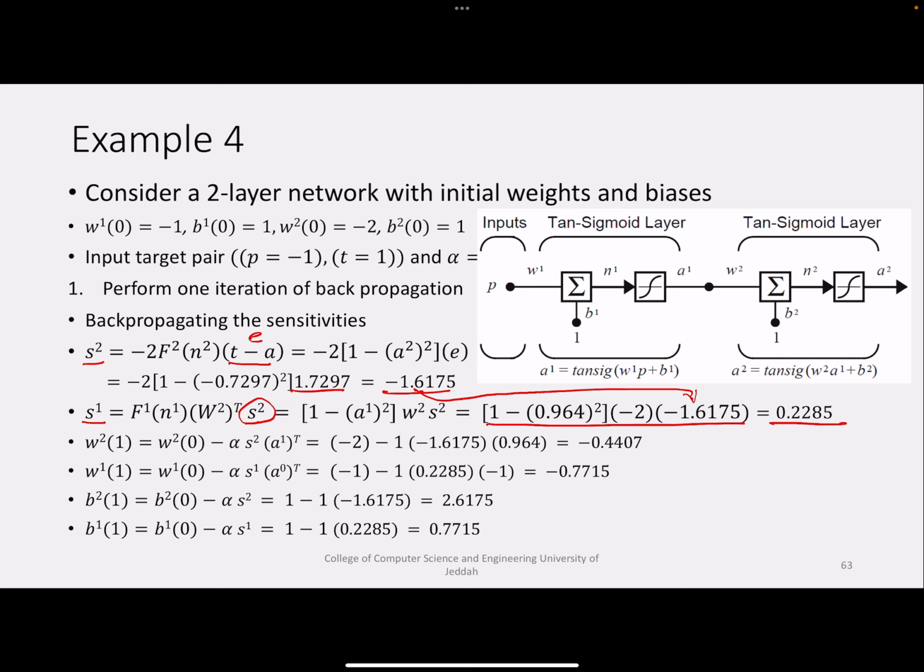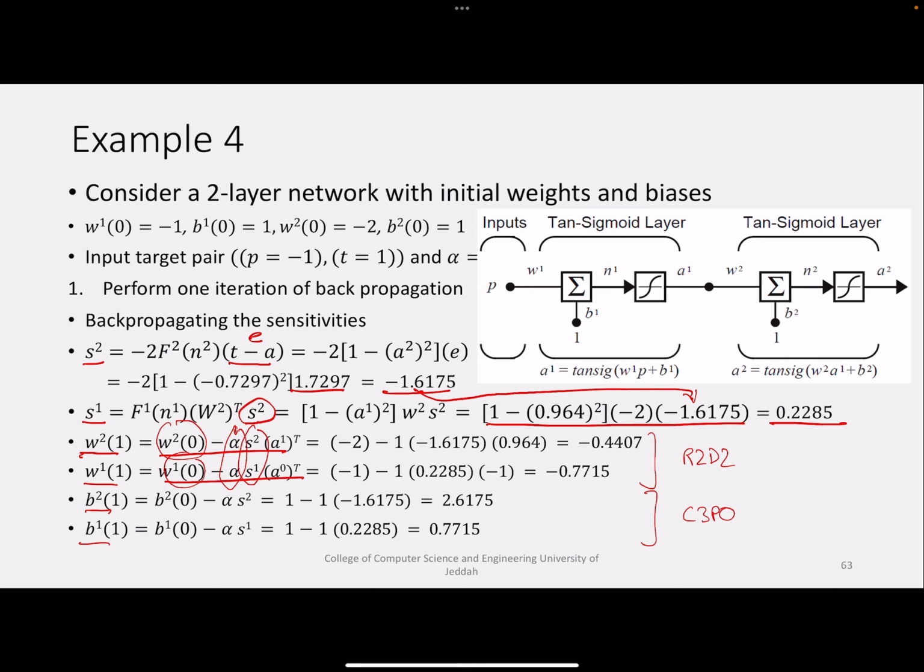Now it's time to use the R2D2 and C3PO equations to update the weights and biases. That's again straightforward. We have everything we need now. We have the old weights. We have the learning rate, which is fixed.